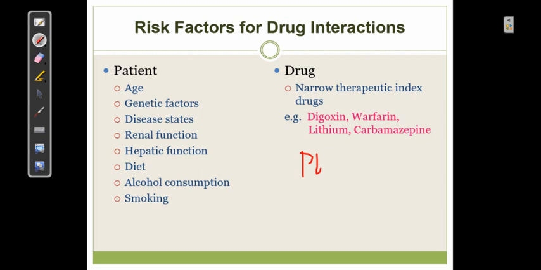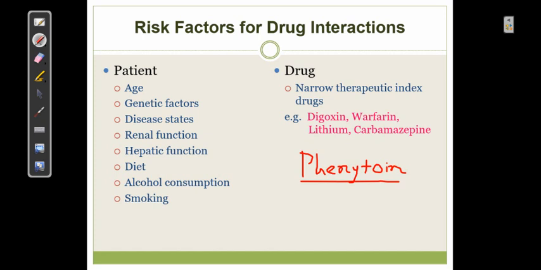Initially phenytoin follows first order kinetics when it comes to metabolism, but at higher doses the enzyme becomes saturable. If a person has acute toxicity and you are giving consequent doses, the metabolism of phenytoin does not follow first order, it follows zero order kinetics. That means it is independent of concentration.